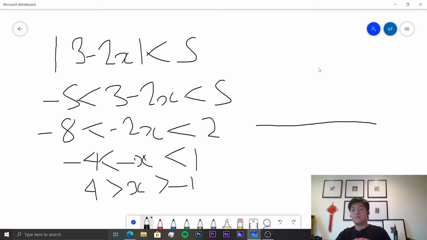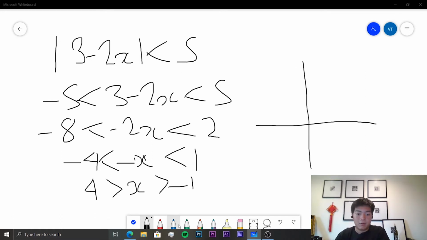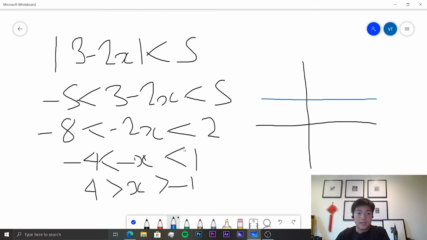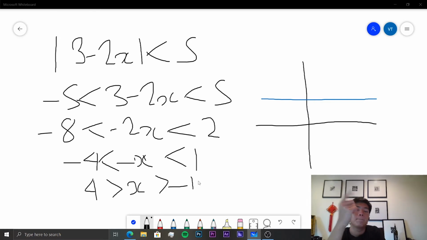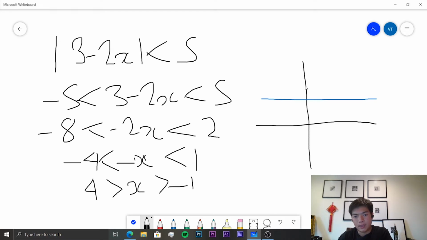So if we graph this, we should get something. Well, y equals 5 looks like that. And 3 minus 2x looks like this. Oh, but it's the absolute value.